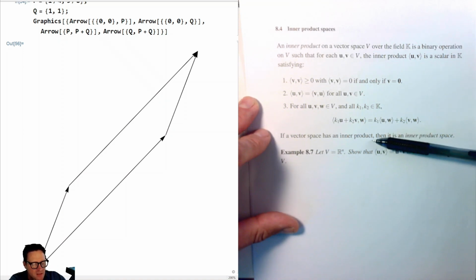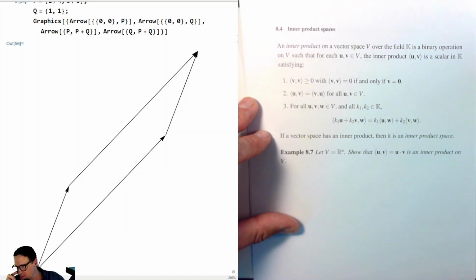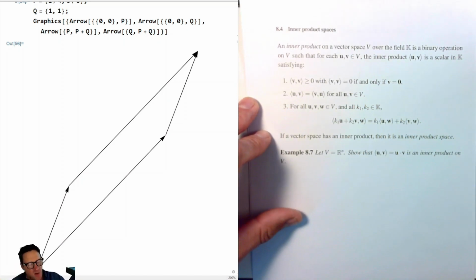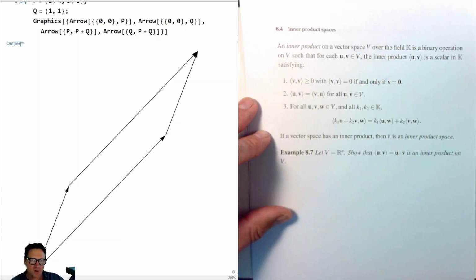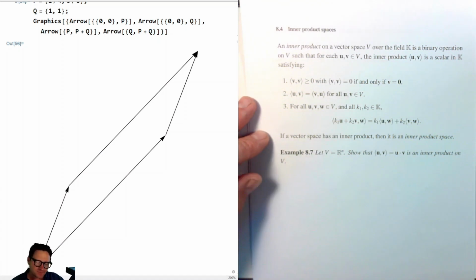If V, the vector space, has an inner product, then it's an inner product space. Okay, so R3 is an inner product space because it has an inner product, the dot product.